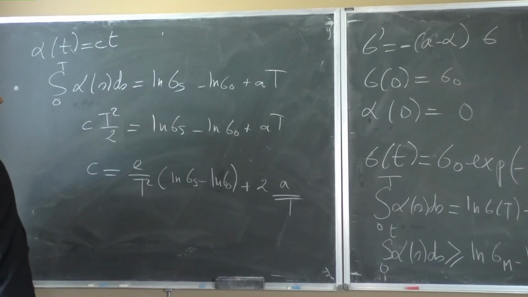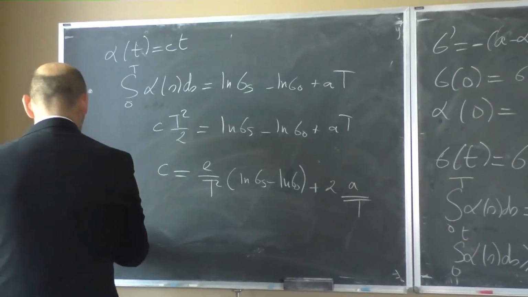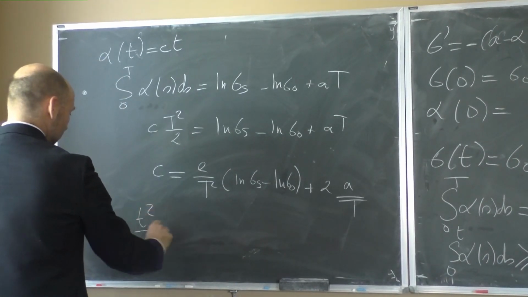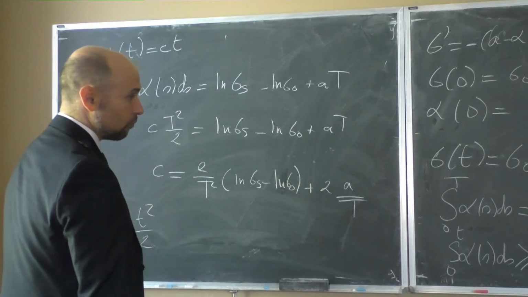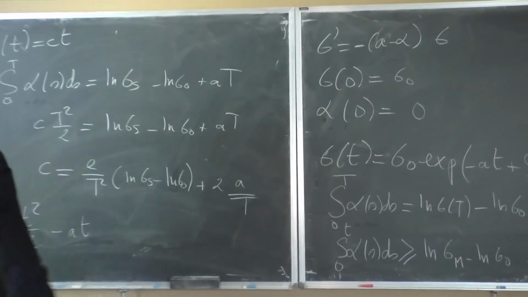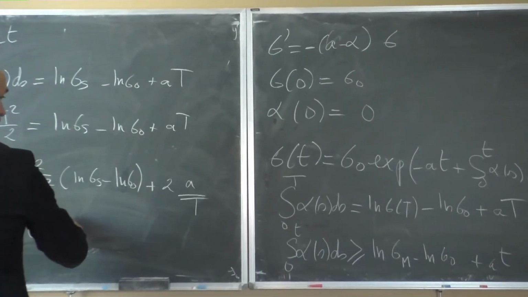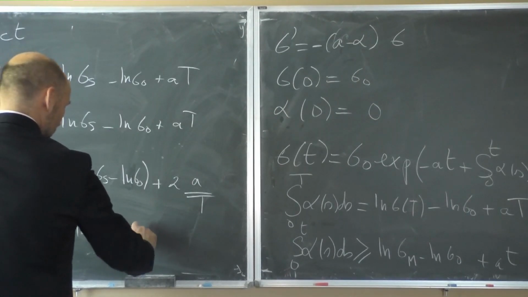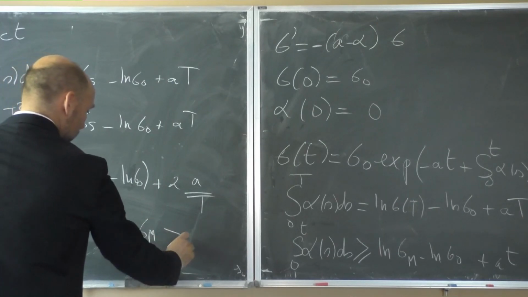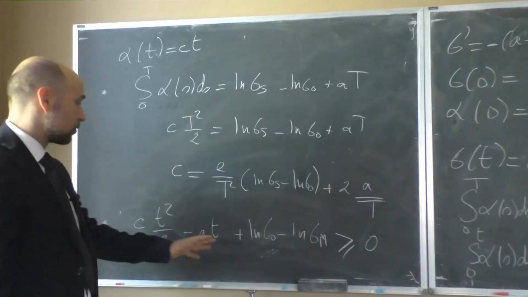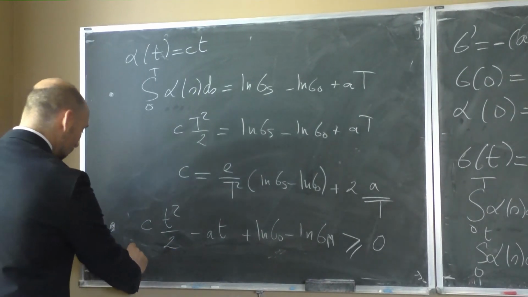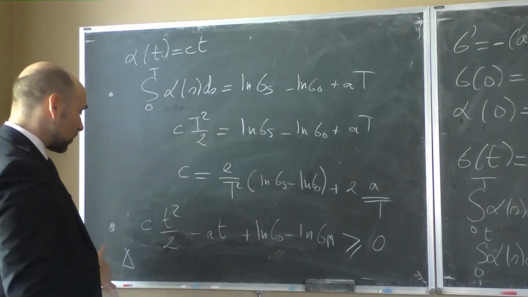All right, but then if I want this quantity to be positive, I have also to ensure that c t squared divided by 2 minus a t plus ln sigma 0 minus log sigma m is greater than 0. So I just compute the delta, and then there's only two possibilities.